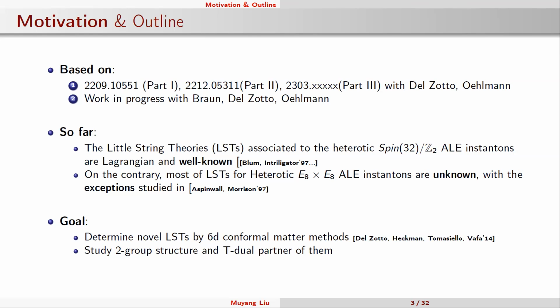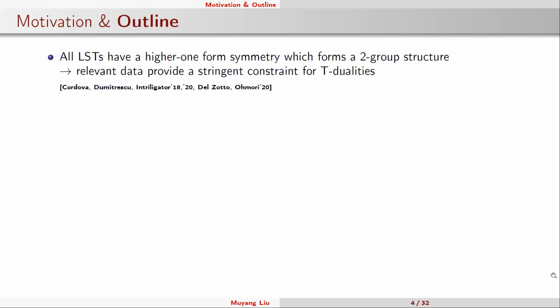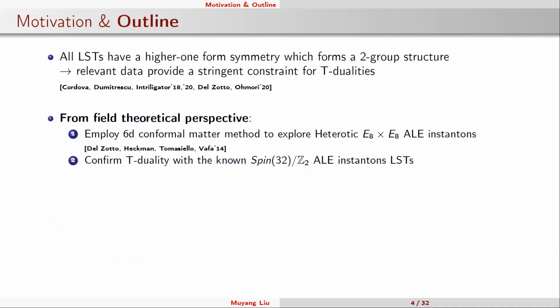We also use the 2-group structures as a matching criterion to find the T-duality partners of the novel Lagrangian theories we found in part one. In particular, all Lagrangian theories have universal one-form U(1) symmetries, which form 2-group structures. As I mentioned earlier, they provide very restrictive constraints to verify the T-dualities.